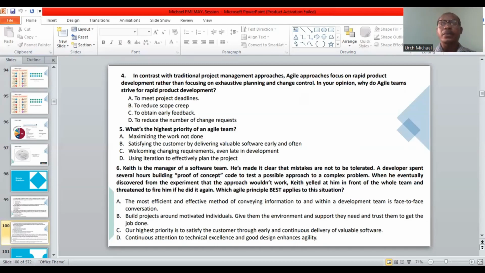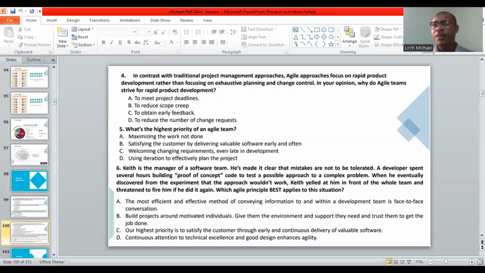All right. Now, Agile is used when you have a high level of uncertainty in a project, meaning that you don't understand a lot about the requirements. So you want to get as much feedback as possible. Based on that, to meet project deadlines is not really bad, but I think it doesn't fit well here.